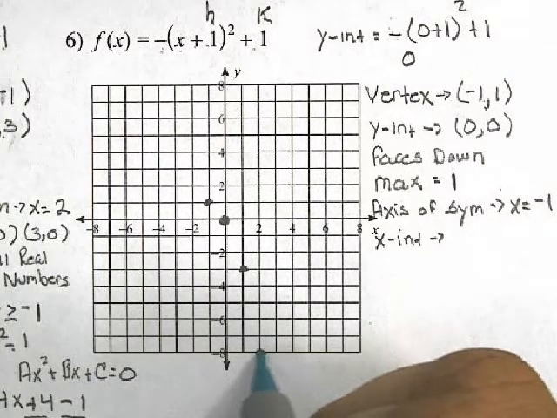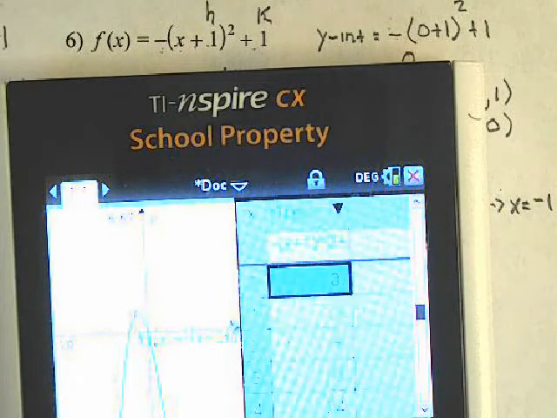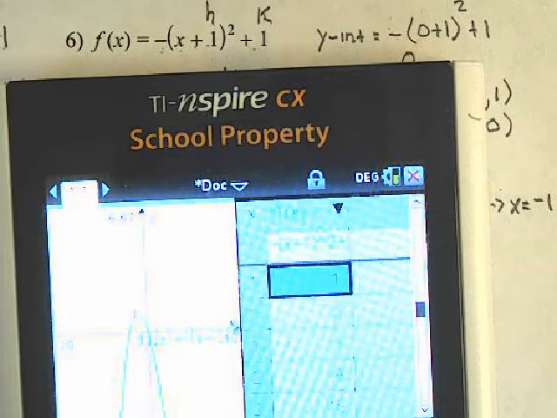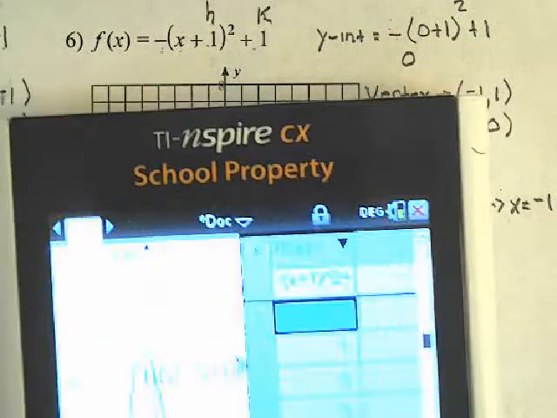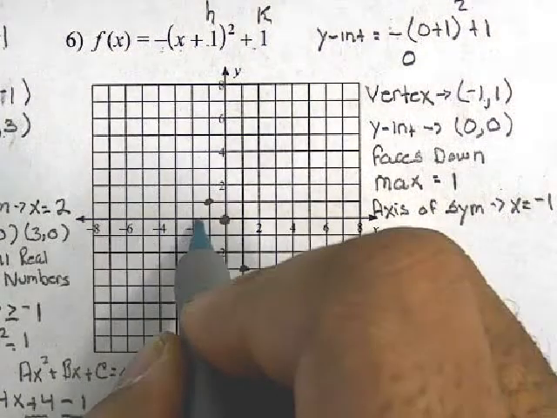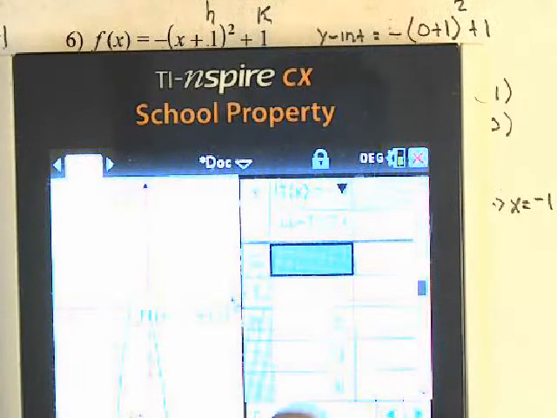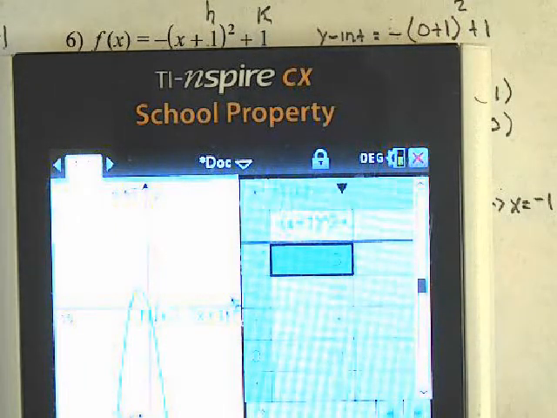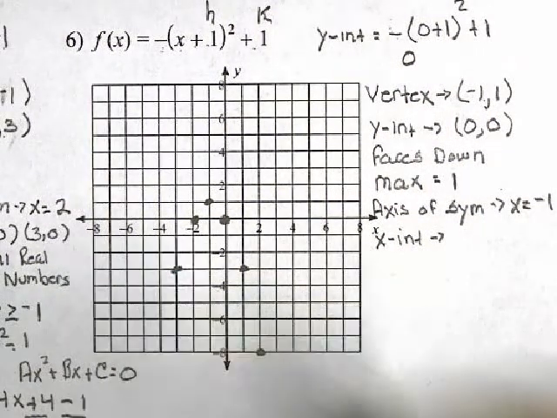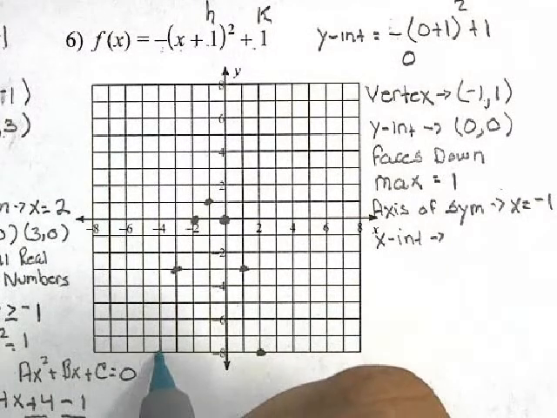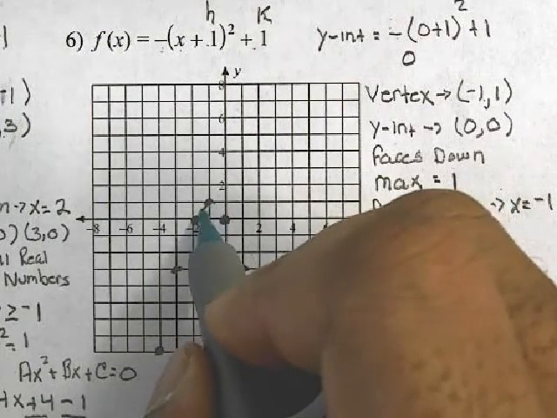Now, we can't plot the rest of them, so let's scroll up. We have 0, 0. That was our y-intercept. We have -1, 1. That's our vertex. But we don't have -2, 0. Plot that point. -3, -3. Then we have -4, -8. Alright. Let's connect all those points.